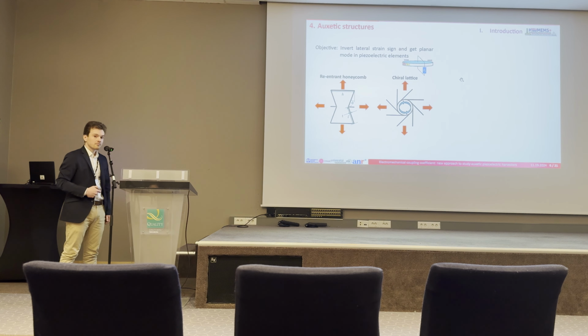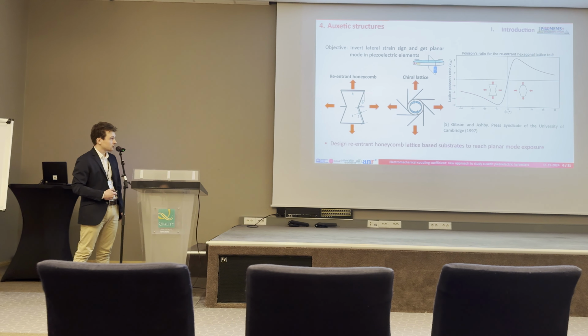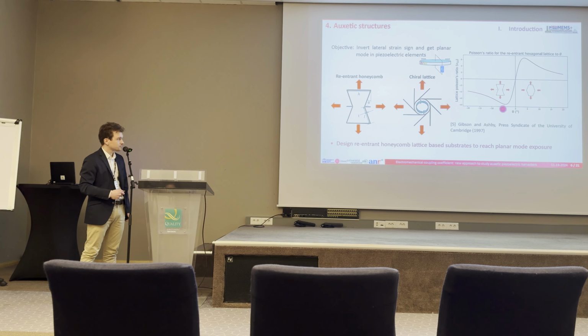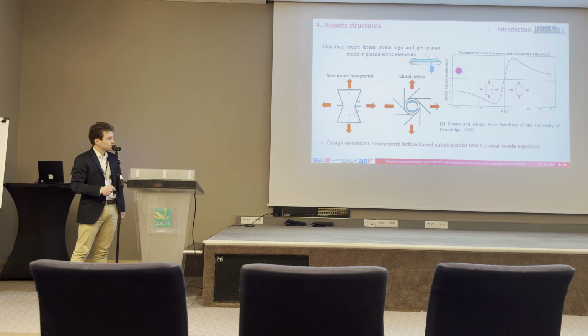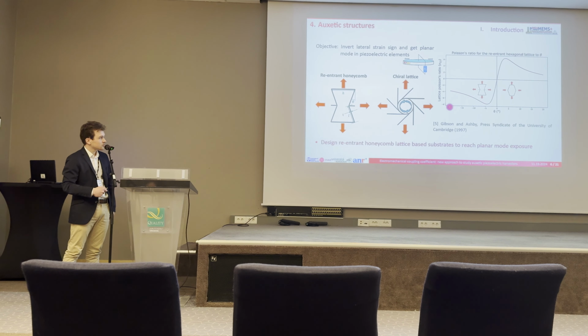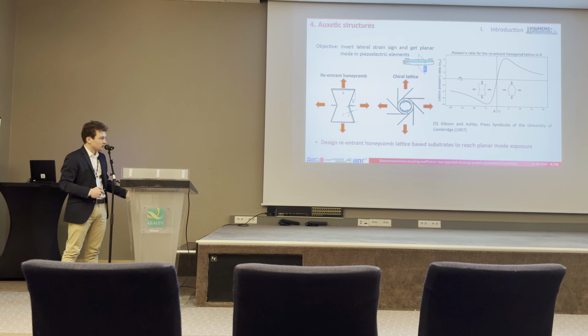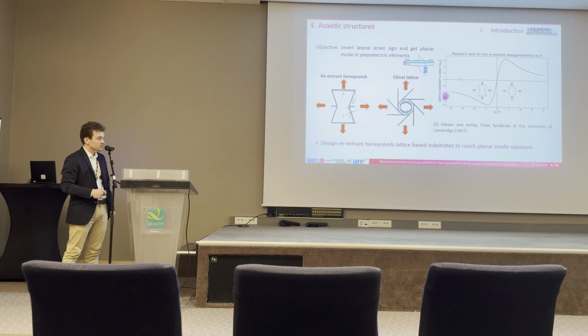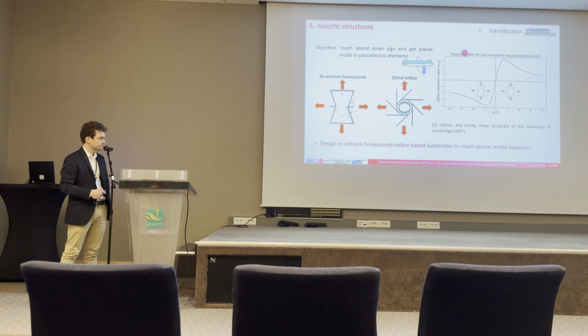And we focus mainly on reentrant honeycomb because they are better on negative Poisson ratio. As you can see on this graph, the lattice Poisson ratio of the auxetic structure for the negative theta can go down to -8, -10, depending on the design of the structure.